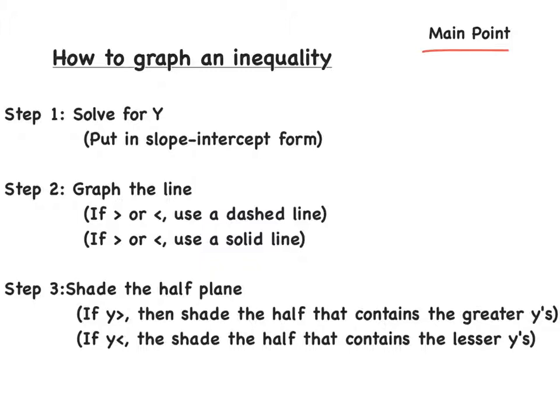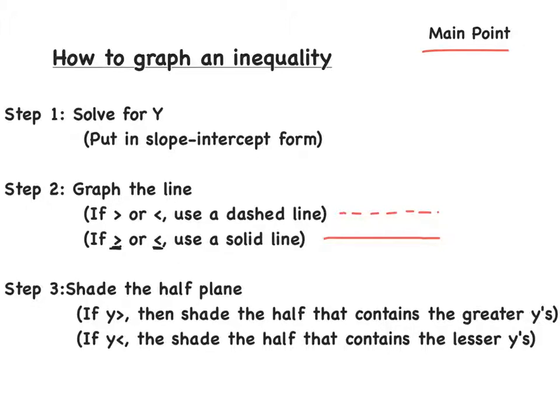So if you have a greater than or less than, you're going to use a dashed line. If you have a greater than or equal to, or less than or equal to, you're going to use a solid line when you graph it.